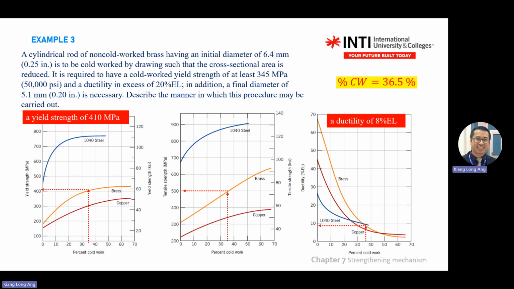Then you tell your production floor, don't use this one. Use the diameter by using this equation. You know your cold work already, now about 21 to 22%.